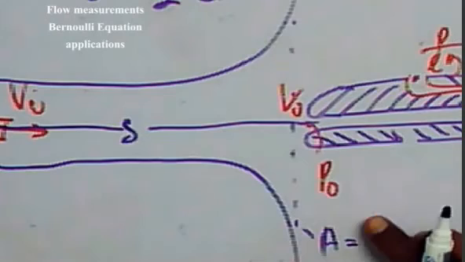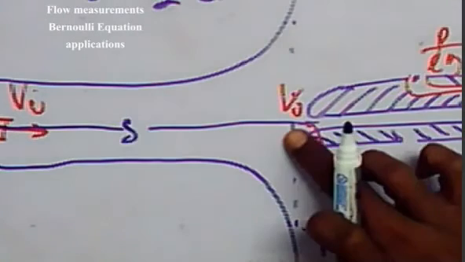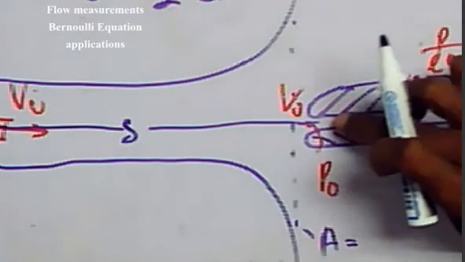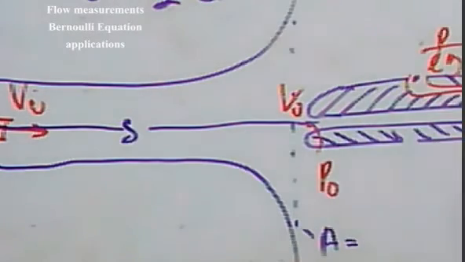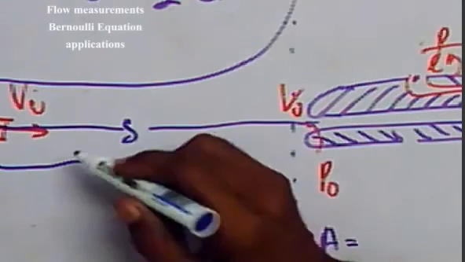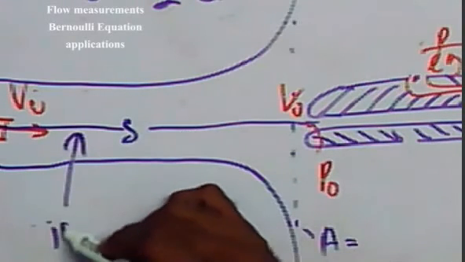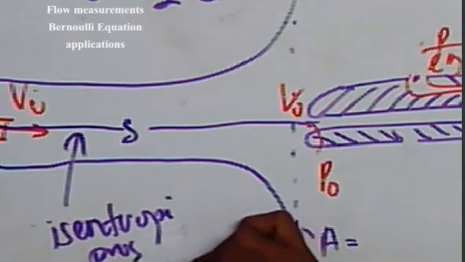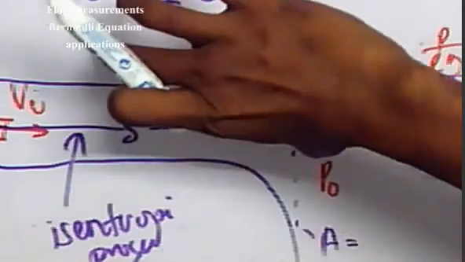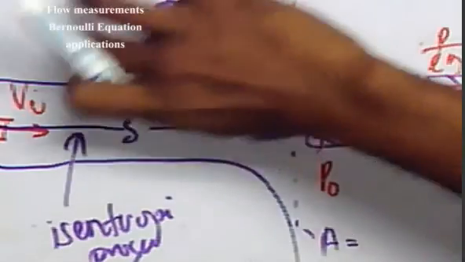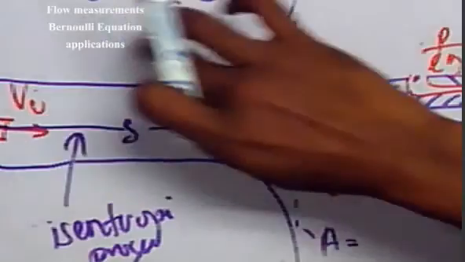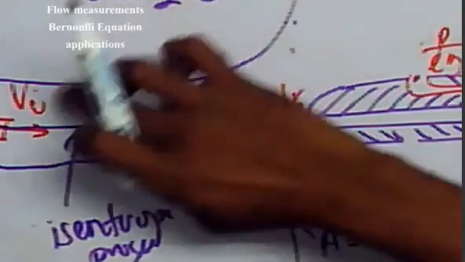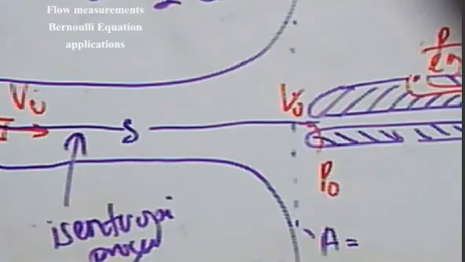Another possible way that the velocity here becomes zero, you can see that there is a fluid here. So we have an isentropic flow in this location, an isentropic process. This is called an inviscid flow, and we can use this Bernoulli equation. So this is what it means.